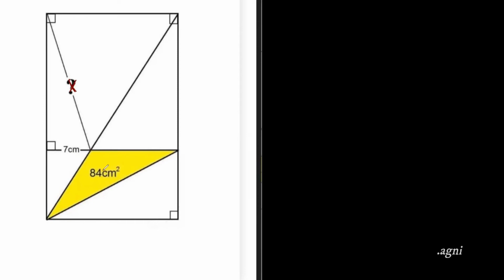We can identify some similar triangles here, right? How can we identify that? I said this is going to be 90 degrees. So let me mark some letters. Let's say this is P, this is Q, this is R, and this is N, M, right?